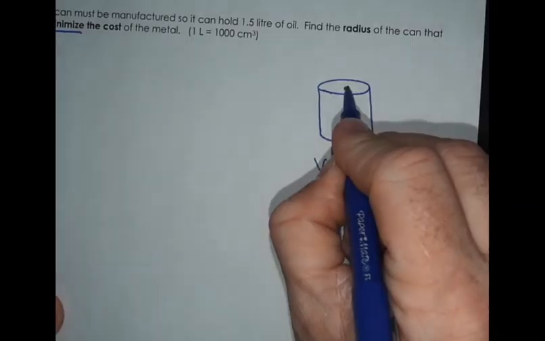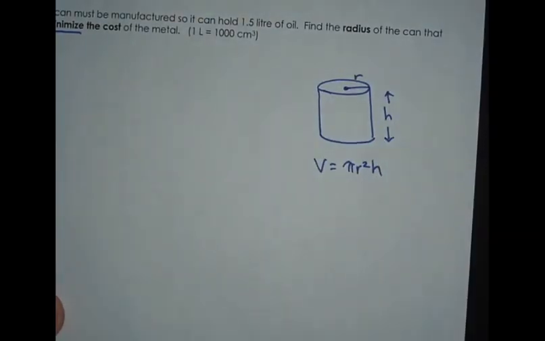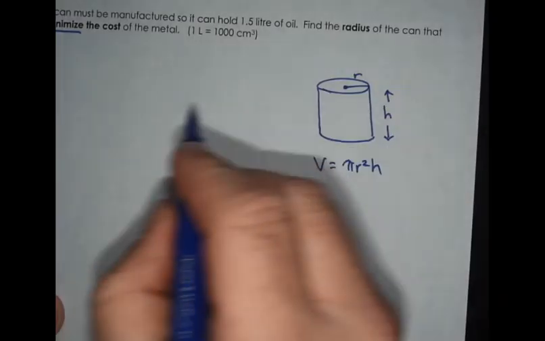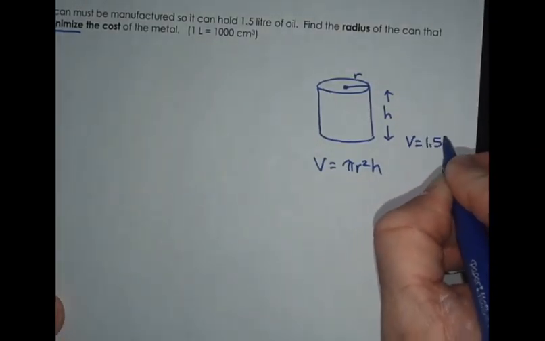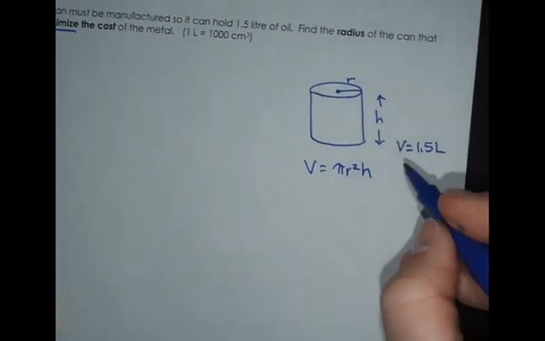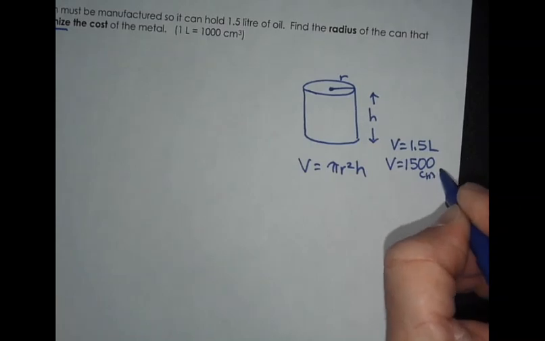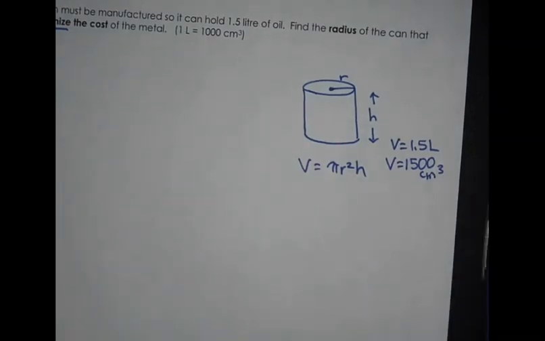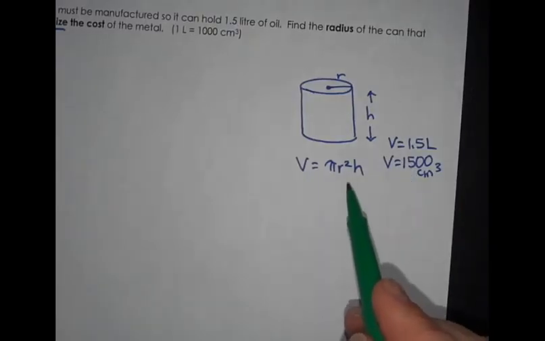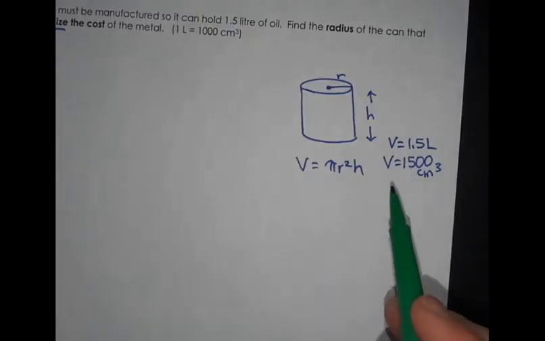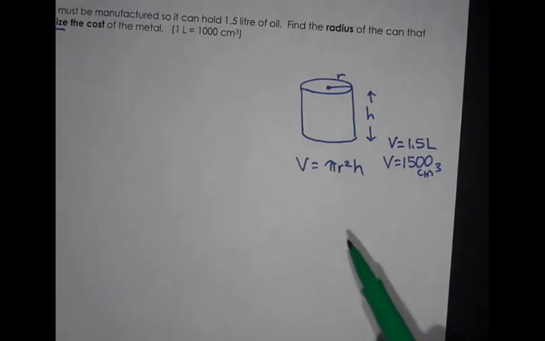We know that this is the radius, we know that this is the height, and we know that our volume is 1.5 liters, and if I convert that, that would be 1,500 centimeters cubed. So we're going to use this quantity to build an equation that gives an expression for the height.